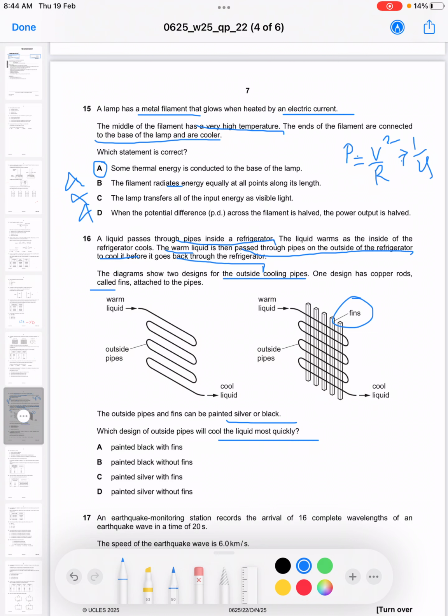Okay, if we talk about the color, we know that black is a good absorber, right? It absorbs the light and it is also a good radiator. But we know that silver is a poor absorber.